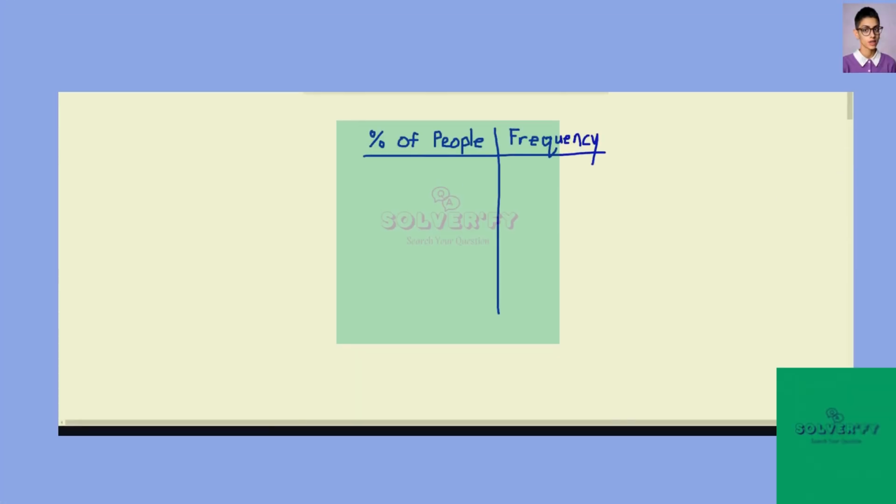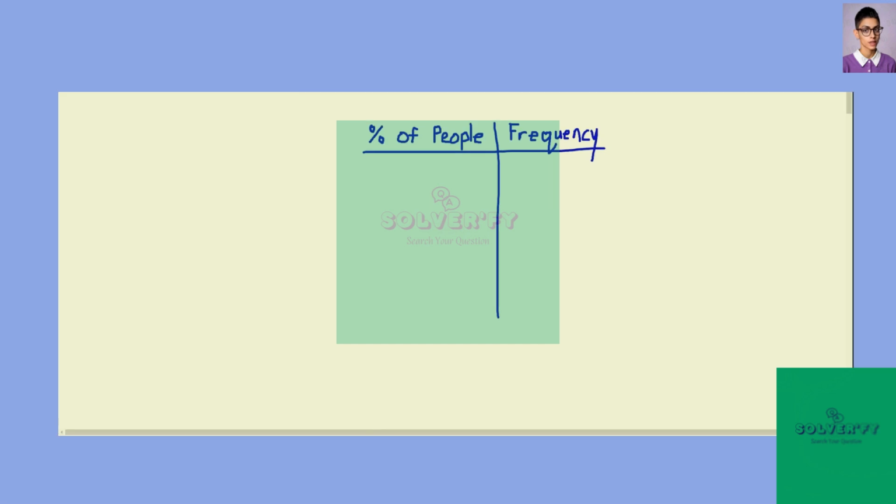We'll start this problem by finding the width for each of our classes. To do this, we need to find our minimum, which is 17.3, and we need to find our maximum, which is 37.9.